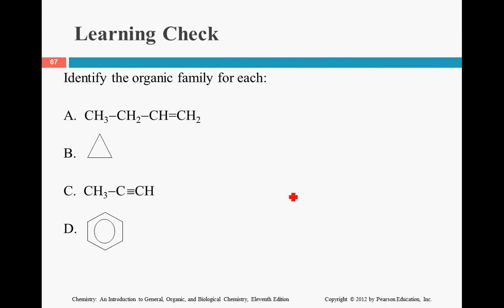So now we're going to review all the way back from the beginning with the organic families. So you're looking at which family these belong to. This double bond is making this an alkene family. They're all connected to one another. That means it's a cyclo family, or a cyclical family.